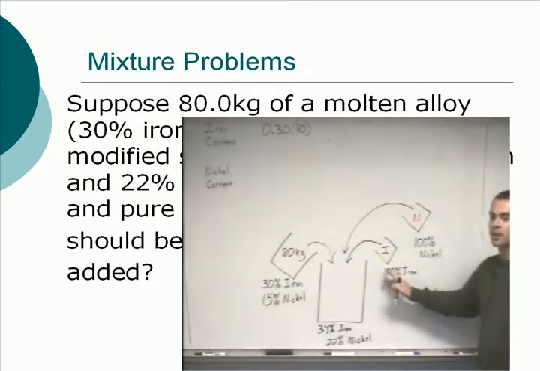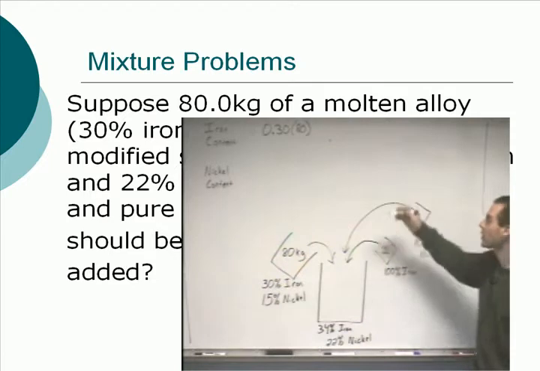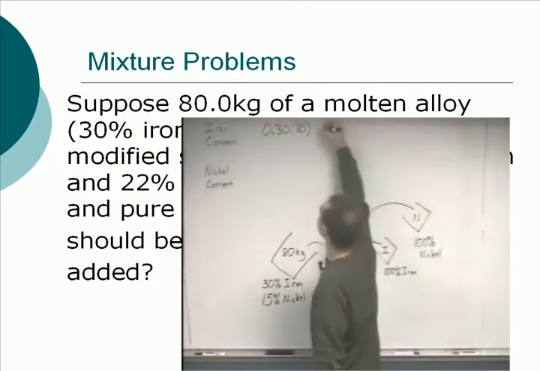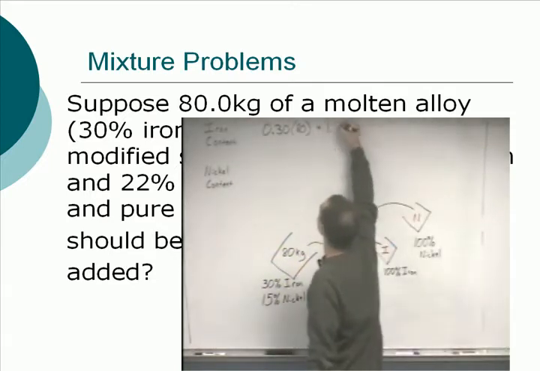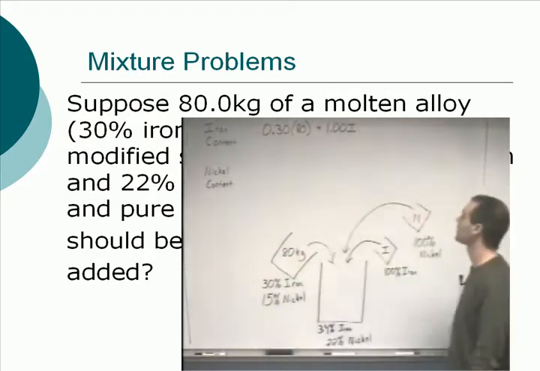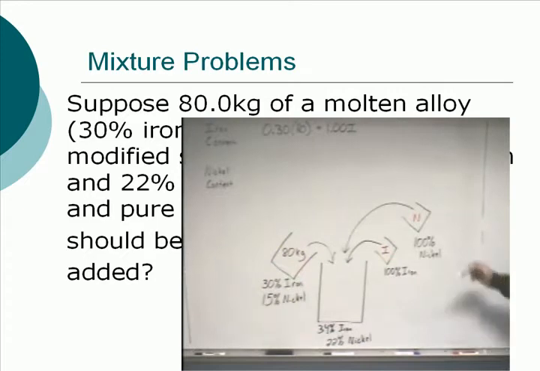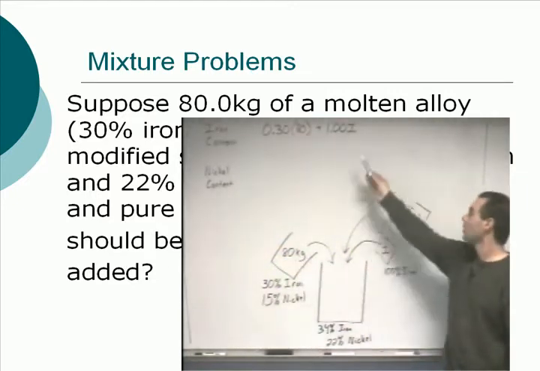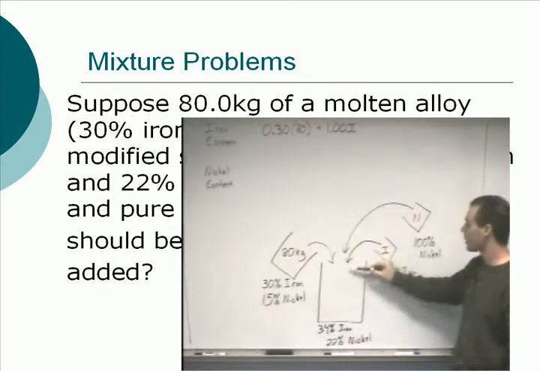Right here, 100% of I. So how would you write this? 100% of I is I, 1.00 I, or just I. I'm going to write 1.00 I just to clarify that we're taking I. How much iron are we getting from the pure nickel? None, so we don't need to do anything there. There's no iron coming from this. So that's the iron that we originally had. We're adding 100% of the amount of iron we had.